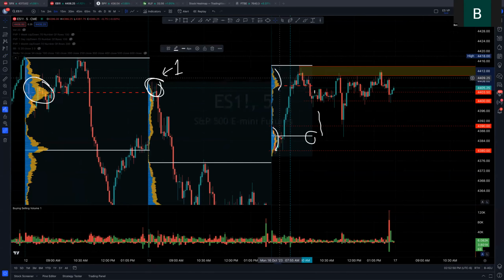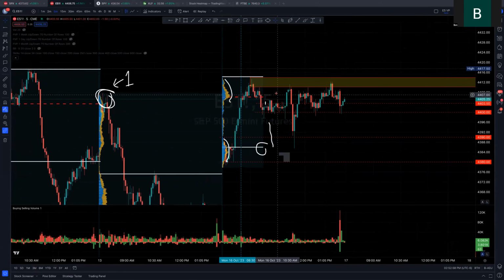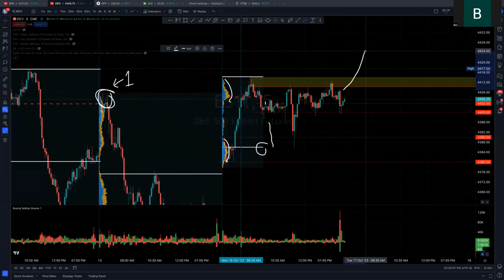So price acceptance for the sellers, price acceptance for the buyers. Because we did not break above this level, this is price acceptance for sellers until we break, retest, and then try to move up again. And this is price acceptance for buyers.